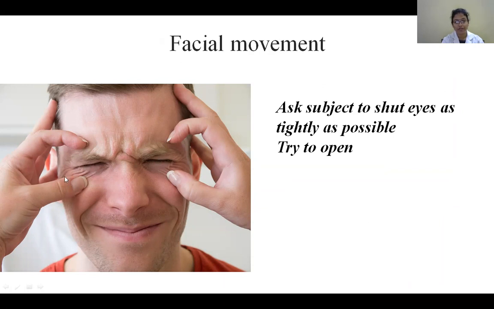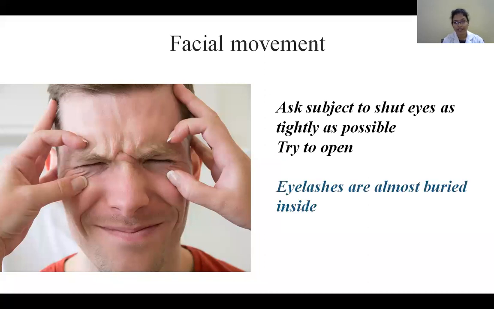After the person closes his eyes tightly, you keep your fingers like this over the eyes and then you try to open the eyelids. How do you assure that the person has tightly shut his eyes? The eyelashes are almost buried inside. This is how you can judge whether he has tightly shut his eyes or not. Once this is confirmed, then you try to open the eyes.